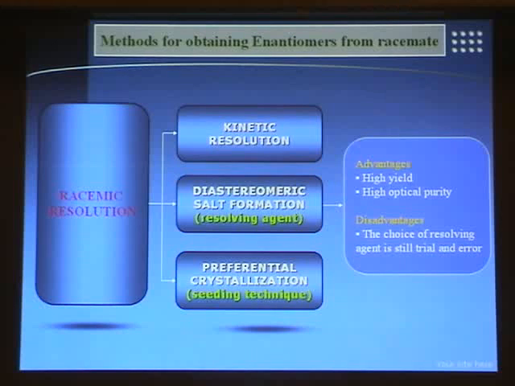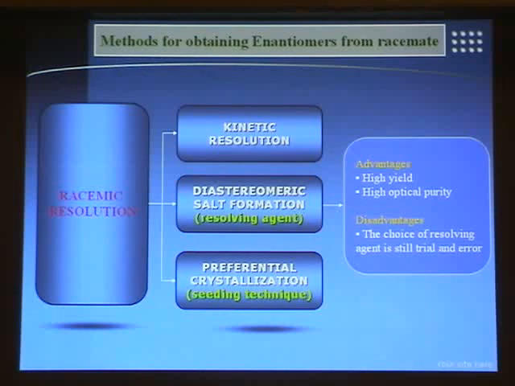And kinetic resolution is very difficult to control, to control the conditions. So diastereomeric salt formation is the most widely used. And its advantages are high yield, because sometimes they can obtain 100%, and high applicability.